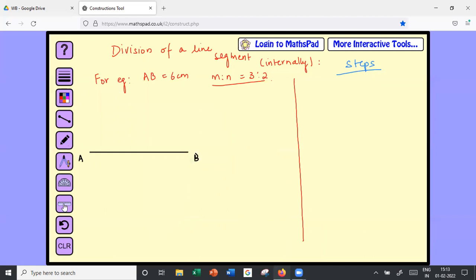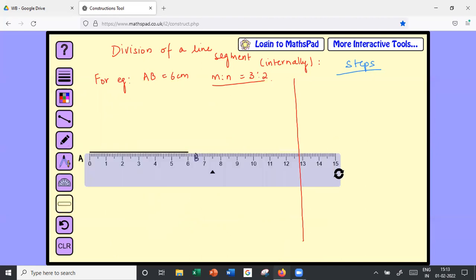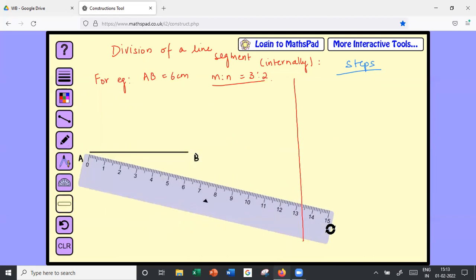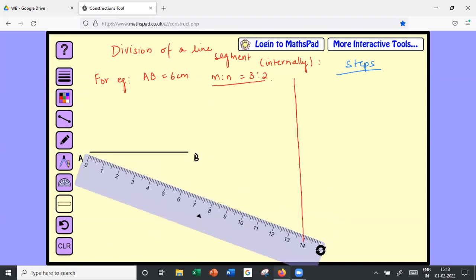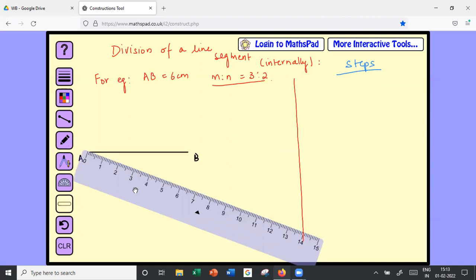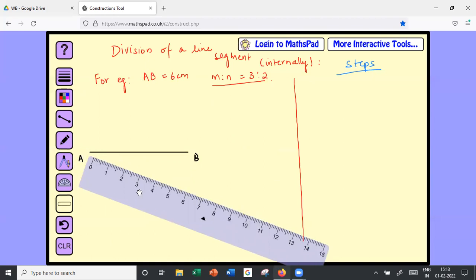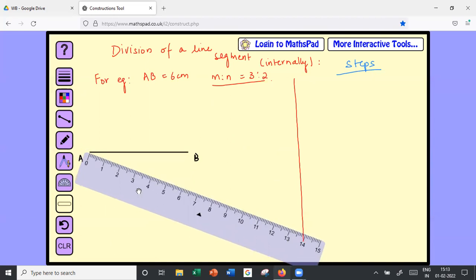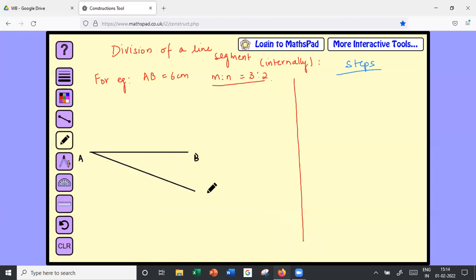It will take forever otherwise. You can just make any random angle, that's fine. It should be less than 90 degree. Even if it's 80 degree, it's cool. So just draw from this point A, and I'll call this point X.